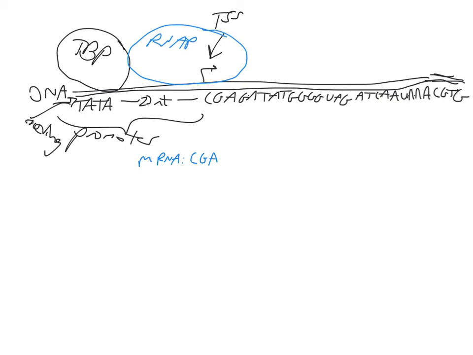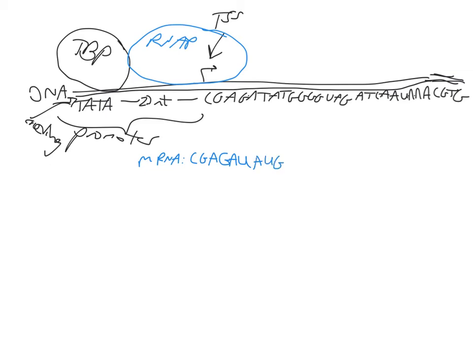So the messenger RNA molecule that is produced by RNA polymerase as it moves down this gene is CGAG A, what? U. There's the exception.